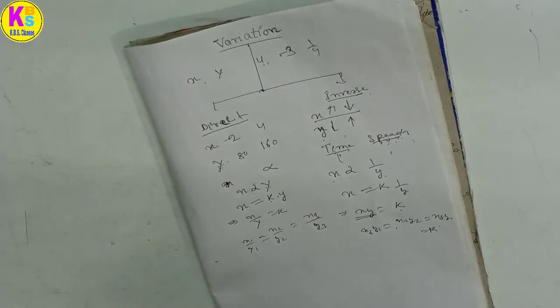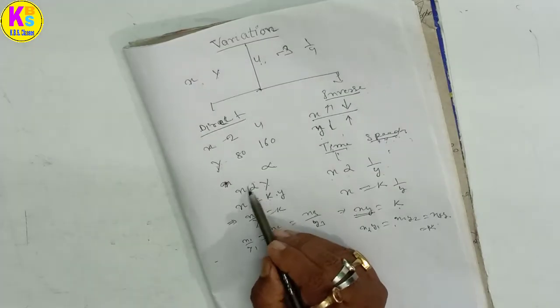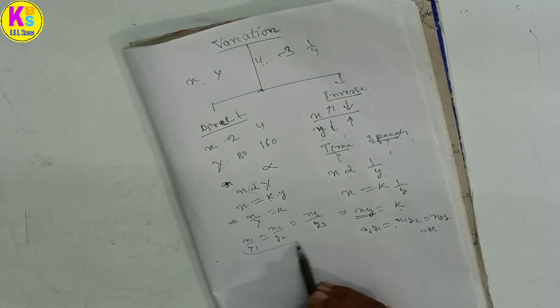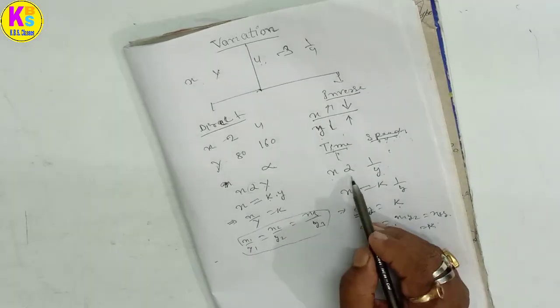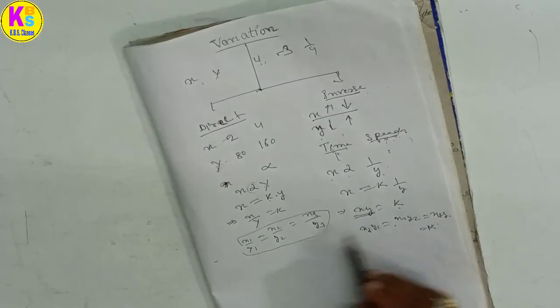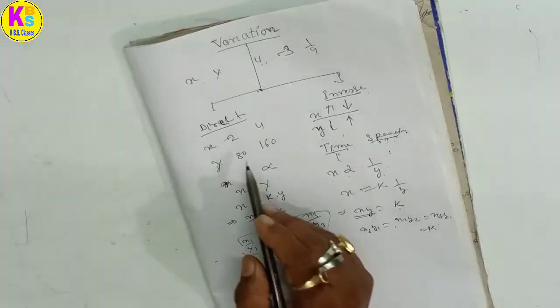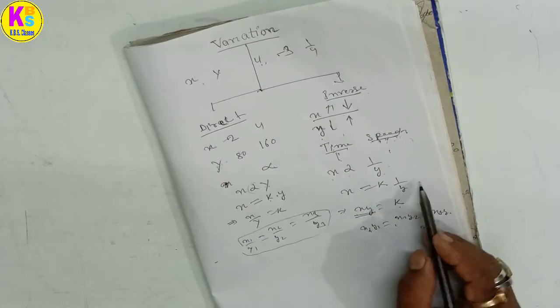So for class 8, this sign is to be avoided. We shall take only this relation, and you can avoid the sign in both cases, for direct variation and inverse variation.